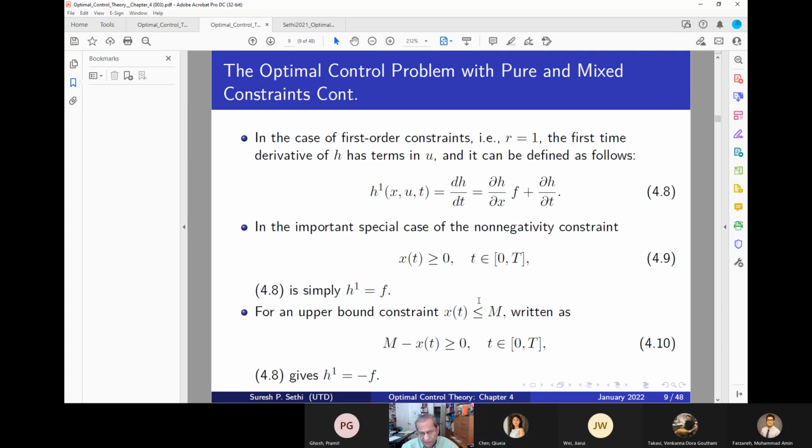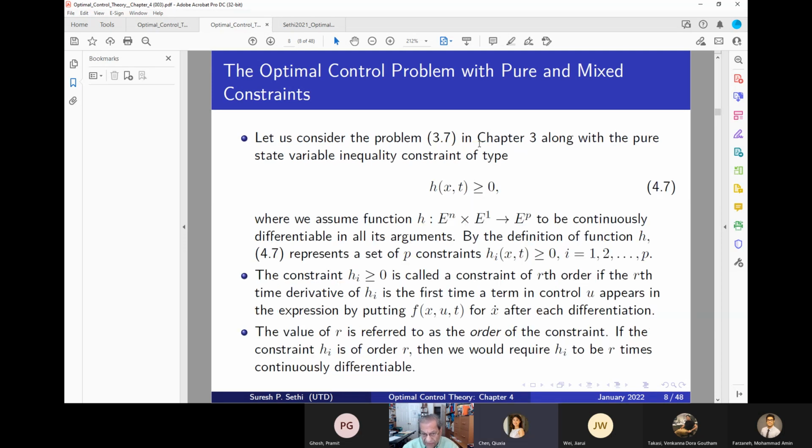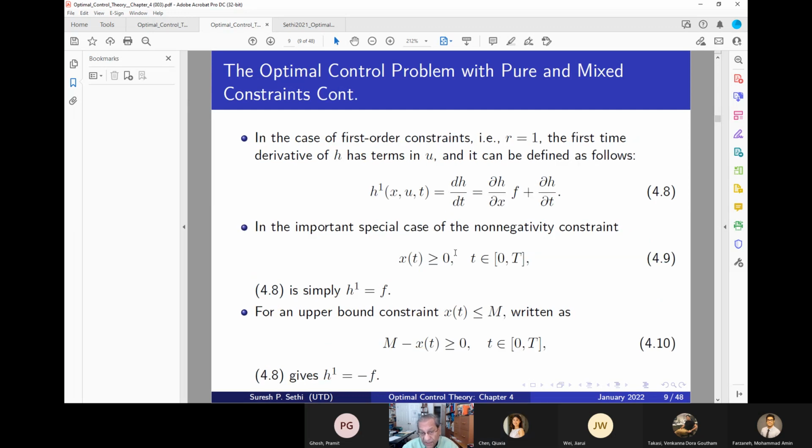Oh, yeah. Because x(t) bigger than or equal to 0 is a special case of h(x(t)) bigger than or equal to 0, right? This is a general constraint, a pure state constraint. One special case of this is x(t) bigger than or equal to 0.